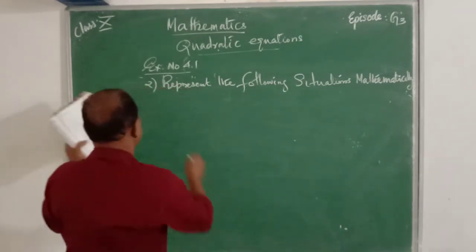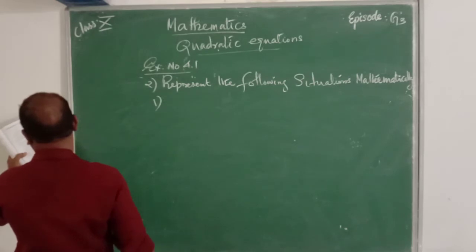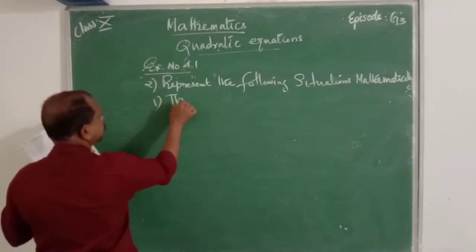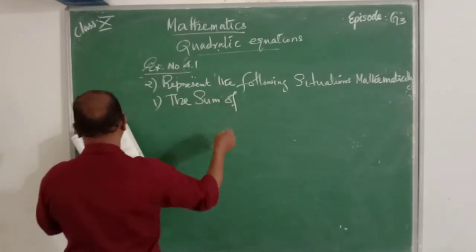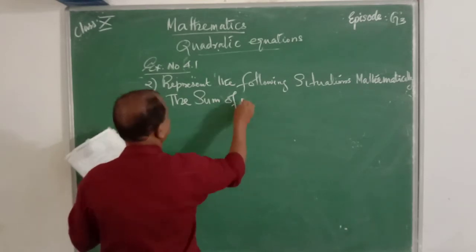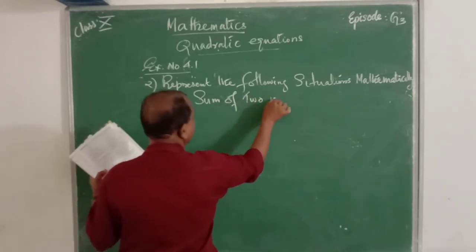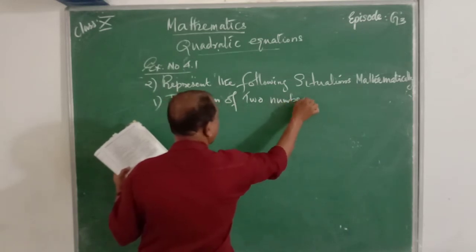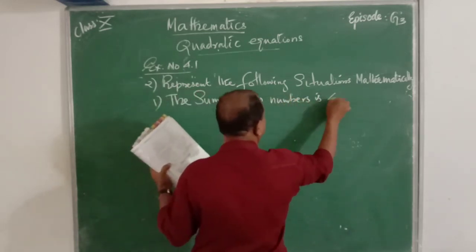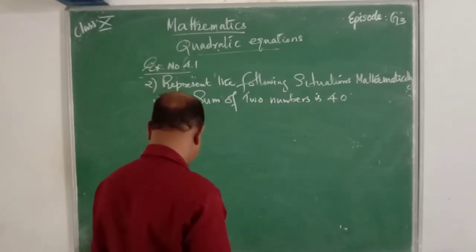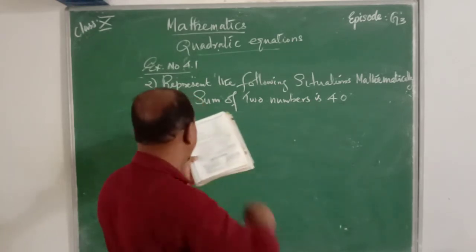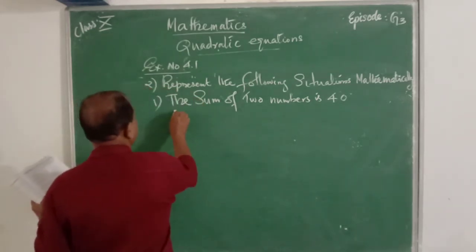Then the first question is, the sum of two numbers is 40, we need to find the numbers.